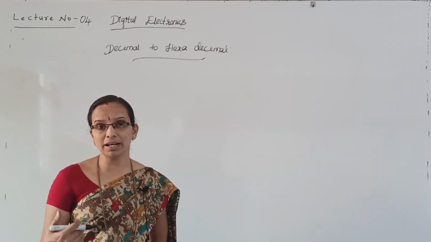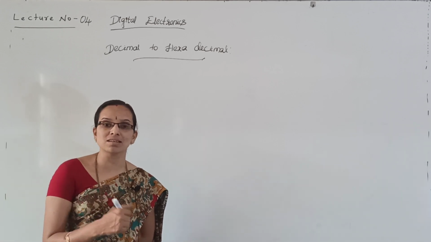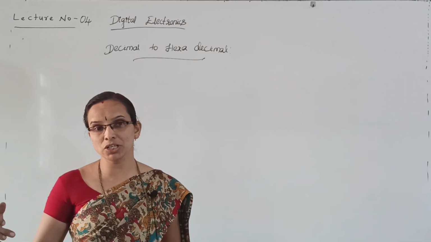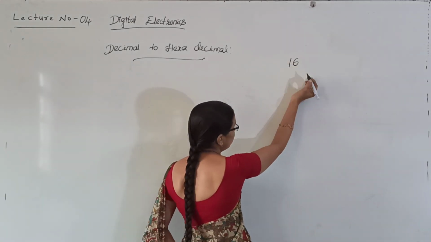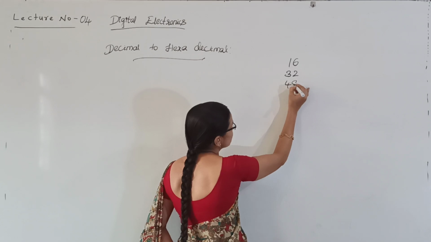Until what you have to divide? Until the quotient becomes less than 16. And in every division you have to note down the remainder. It's better if you don't remember, write down the 16th table.